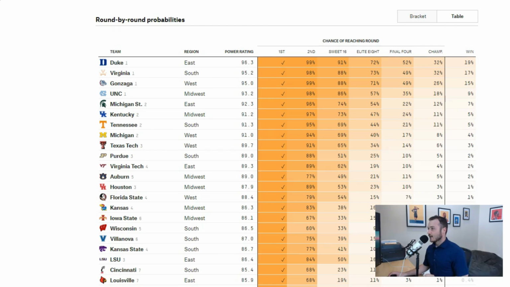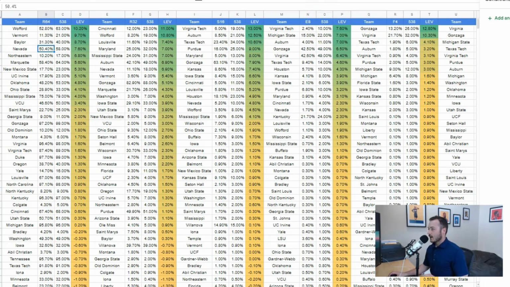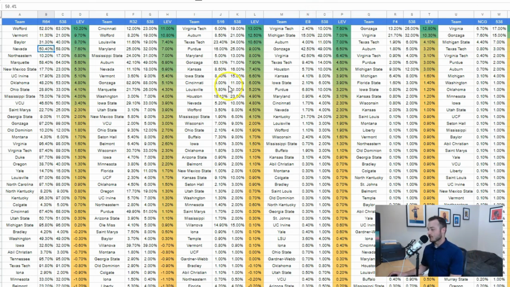So what I did is I took all of these numbers and put them into a spreadsheet and did some data manipulation. And right here in column B, you'll see for each team, for each round, the probability that they win that round. Okay, so Wofford: 52% of people picked Wofford to get out of the first round, but 538 has them with a 63% chance of getting out of the first round.